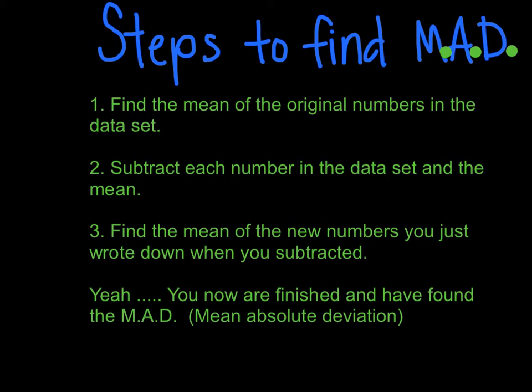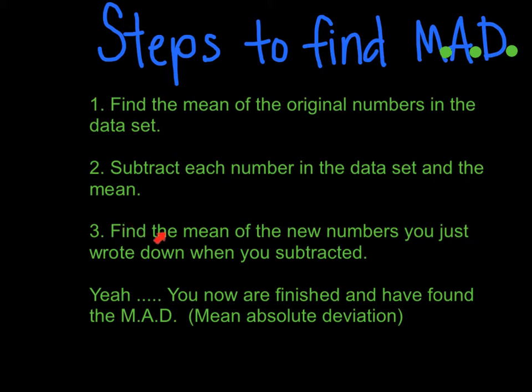The steps we want to follow to find the mean absolute deviation, or the MAD, are listed on this page. Really and truly there's only 3 steps. The first step says we want to find the mean of the original numbers in the list. Then after you find the mean, the second thing you need to do is subtract the mean you just calculated from all those numbers in the original list.